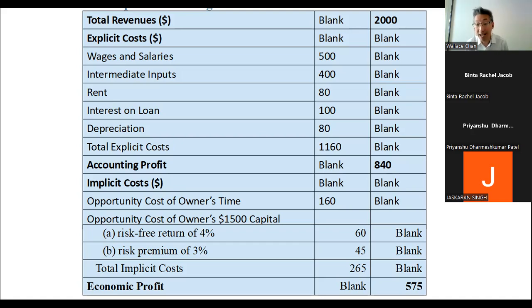Yes, in fact, the time that he or she sacrifices can be used to do something else. For example, he or she can go to work for some other person and earn a salary. Make sense?